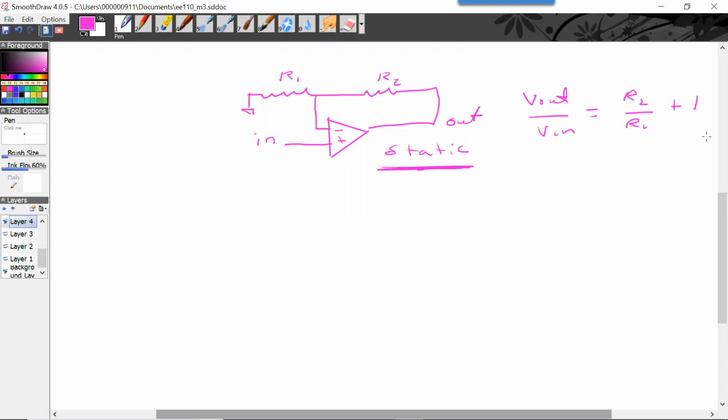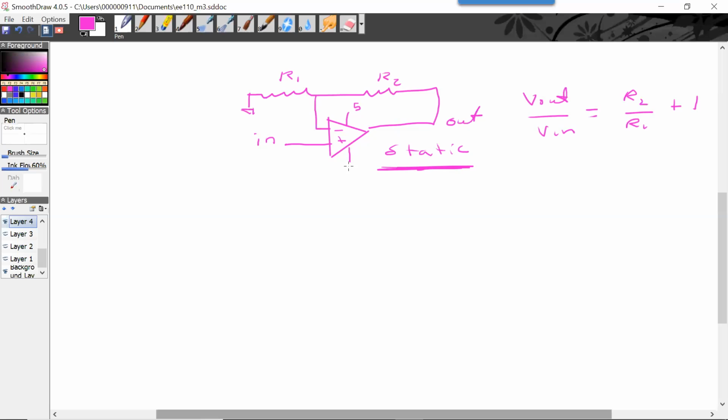And this particular circuit, if the gain of the circuit is 2 and I put in 1 volt, I'm going to get 2 volts out. If I put in 2 volts and the gain is still 2, I'm going to get 4 volts. So it's linear. But that's an ideal op amp.